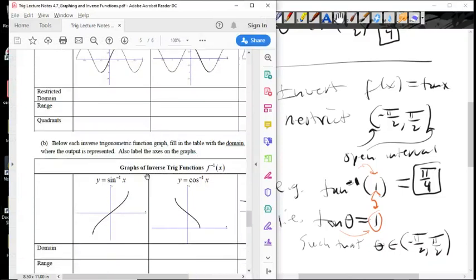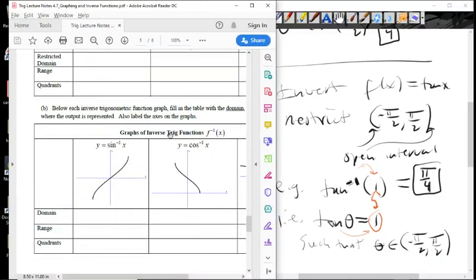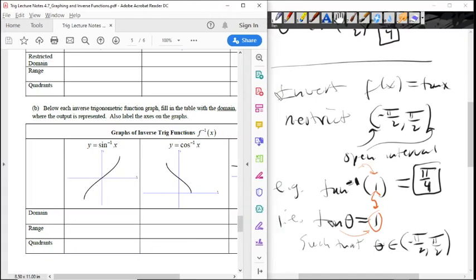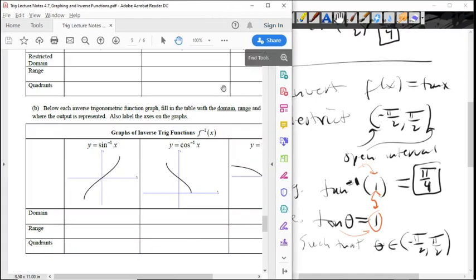All right, graphing functions. To graph inverse trig functions, you do this same thing that we do when we're building the inverse trig functions. It's all about switching input with output.